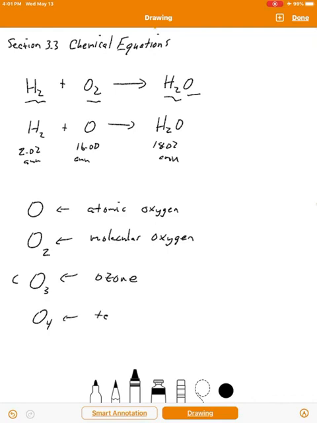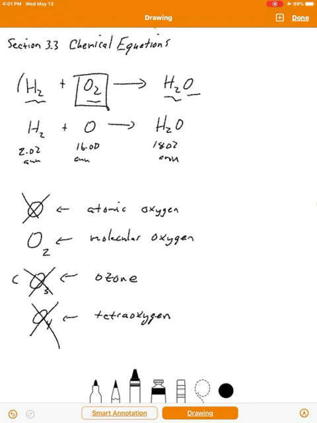And this is what we would call tetraoxygen. And chemically speaking, they are very different substances. They do not behave the same. So the oxygen that is undergoing the reaction in nature is O2. It's not O, it's not O3, and it's not O4. Those are different substances that we could find, but they would not be the ones that are involved in the metabolism of our bodies, for example.